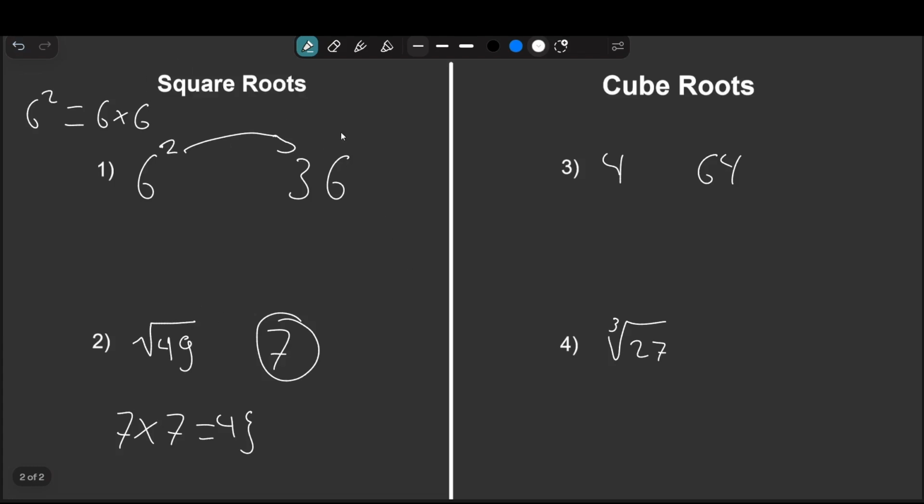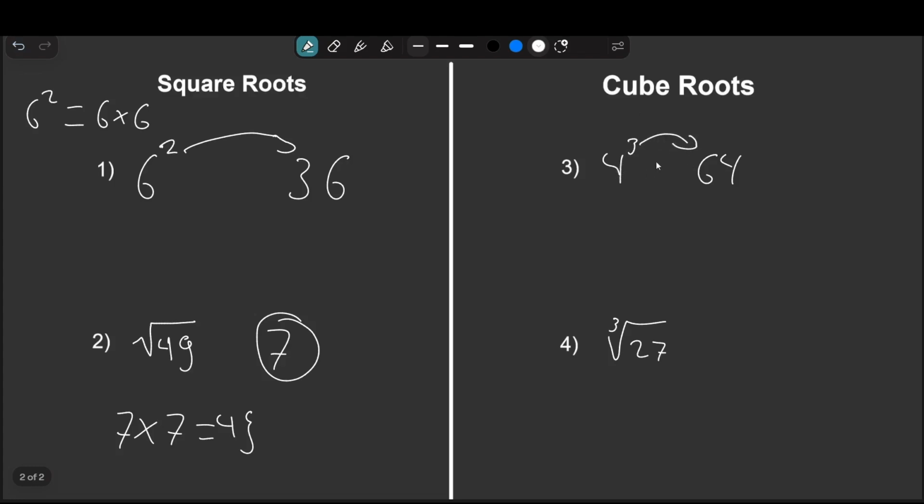Okay, now I gave you a brief explanation of square roots. We're going to move over to cube roots. So, cube roots are a bit different because instead of squared, we cubed them. So, 4 cubed, or to the power of 3, but officially you can say cubed, is 64.